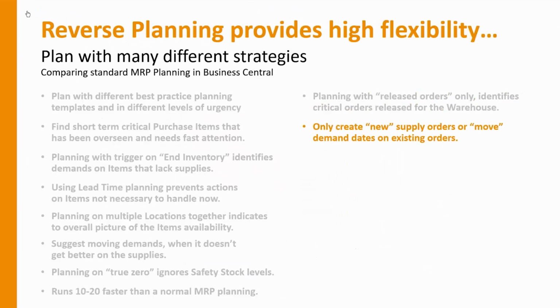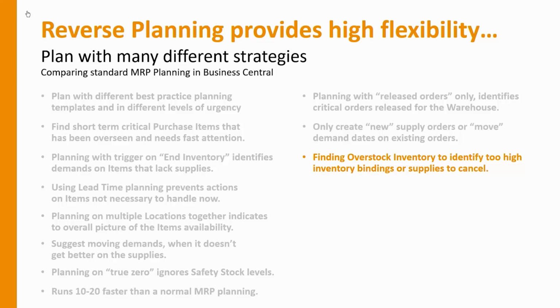And as I said, in the simple MRP, we only create new orders, and in the move demand dates, we only suggest moving demand dates. So it's simpler to do either one or the other. You don't get many lines in the standard MRP journal that you have to handle in one go. And then you can find overstock inventory to identify too high inventory bindings or supplies that you need to cancel.